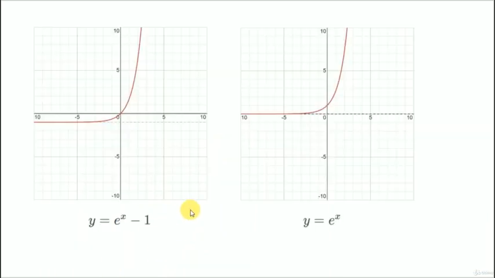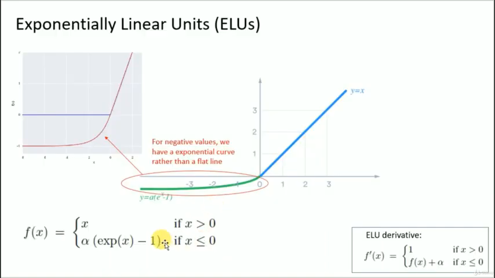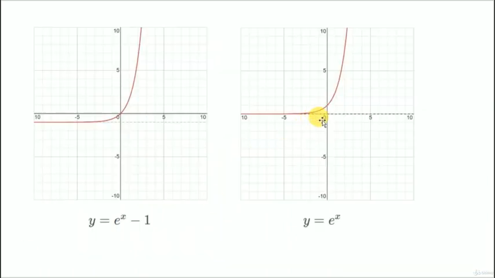If you have a look at the graphs for e to the power of x and e to the power of x minus 1, when it's e to the power of x, and we take a look at the negative values, which we're interested in because here we have an exponential function for the negative values, then we have some range in the negative axis, which is from negative 2.5 to 0.